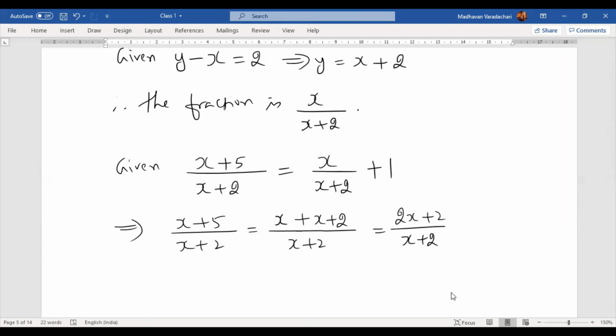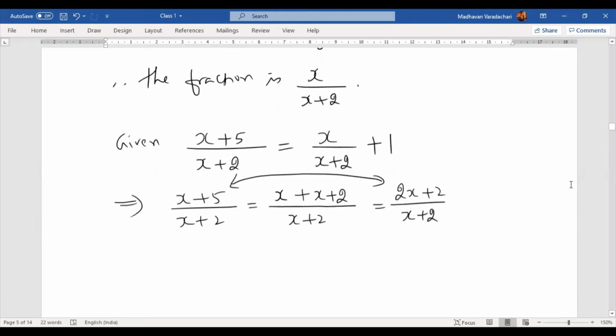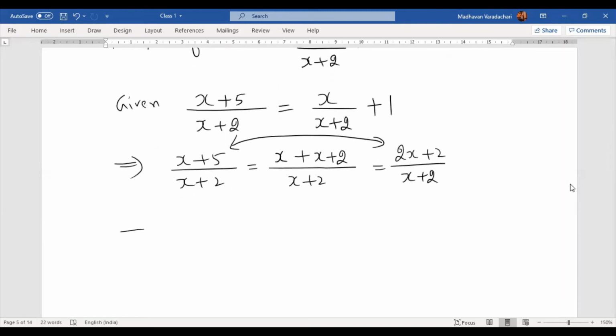Now both have common denominator x plus 2, so that can be cancelled. I can simply write now x plus 5 is equal to 2x plus 2.